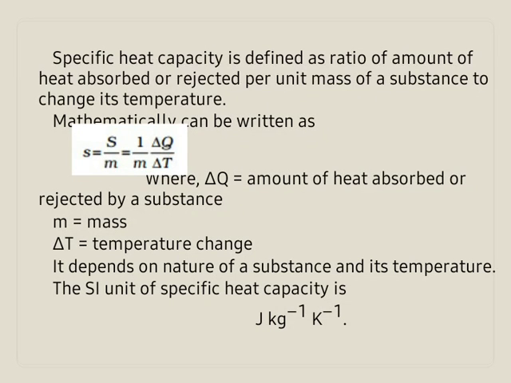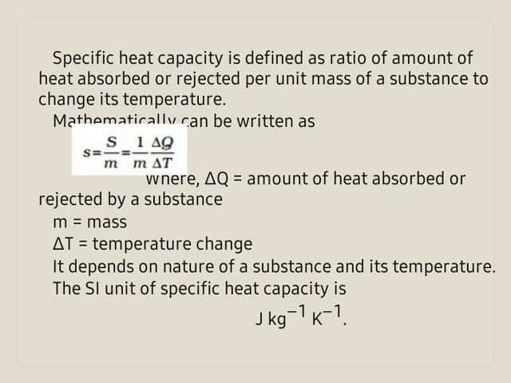Specific heat capacity is defined as the ratio of the amount of heat energy absorbed or rejected per unit mass of a substance to the change in its temperature. This ratio is equivalent to heat capacity divided by the mass of the given substance. Specific heat capacity is denoted by small letter s.